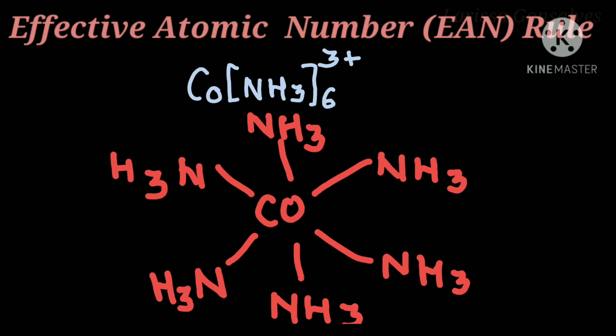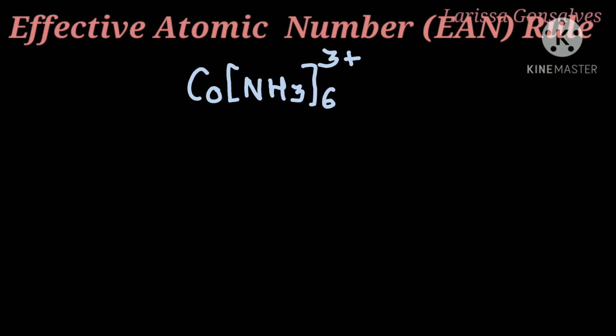Here the central metal ion is cobalt, hence the value of Z will be 27. So the atomic number of cobalt is 27.